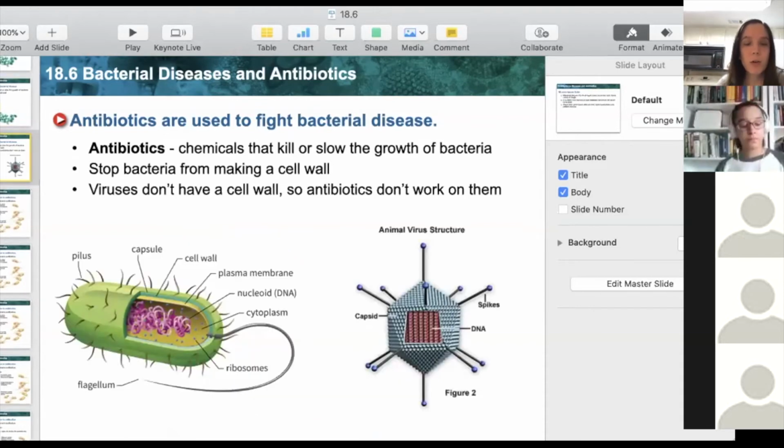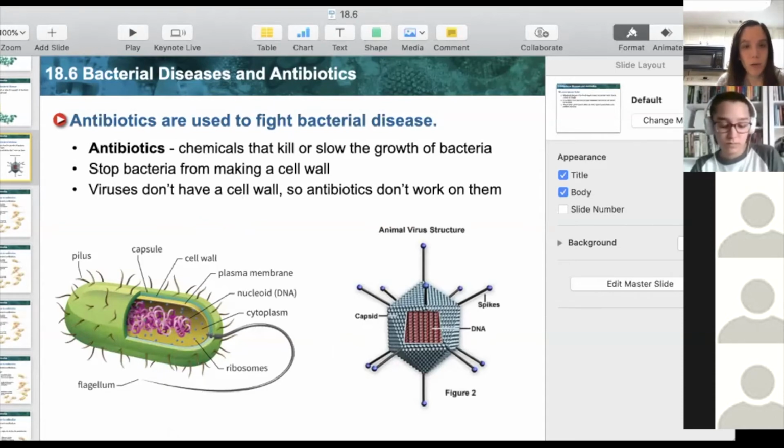Now, viruses don't have a cell wall, so antibiotics can't work on the virus. The bacteria, you can see, do have cell walls. It's in teal right here, but viruses don't have cell walls, and so it's ineffective on them. So if you have a viral infection, say cold or flu, then the doctor can't really do much for that.